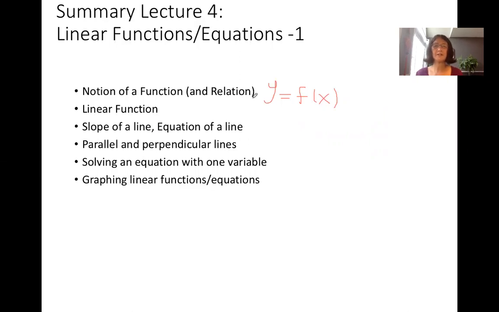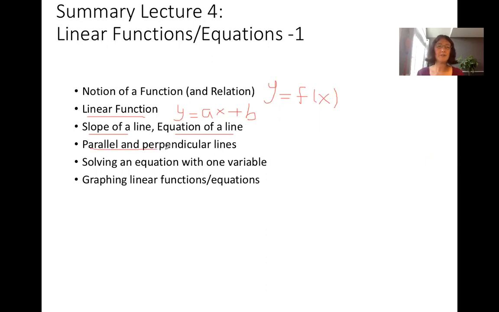Any paired points are a relation. The linear relation, linear function, y equal to ax plus b. a is the slope, b is the intercept. And the equation of the line I just showed you in Excel and by hand.